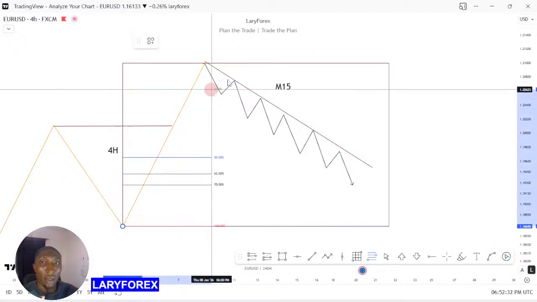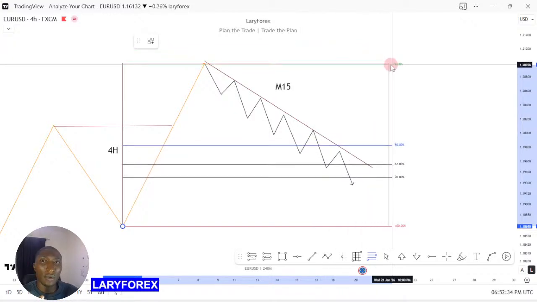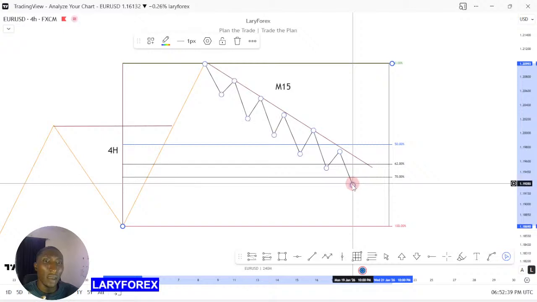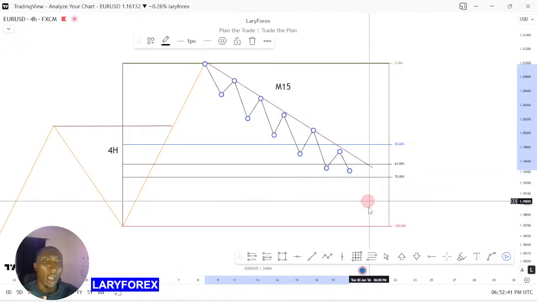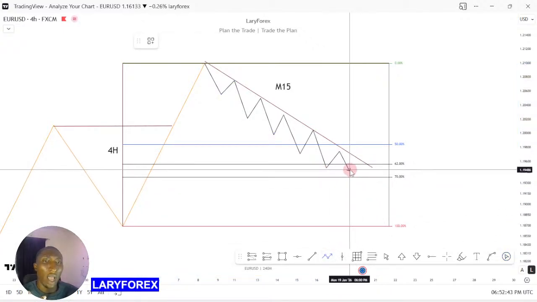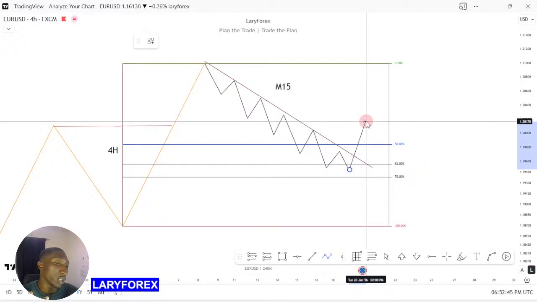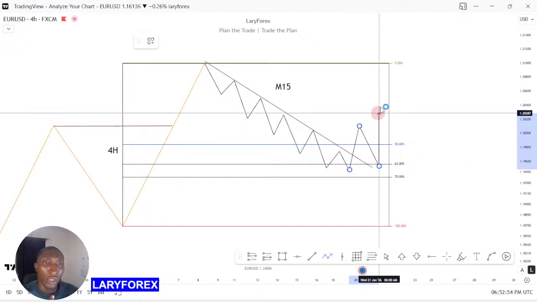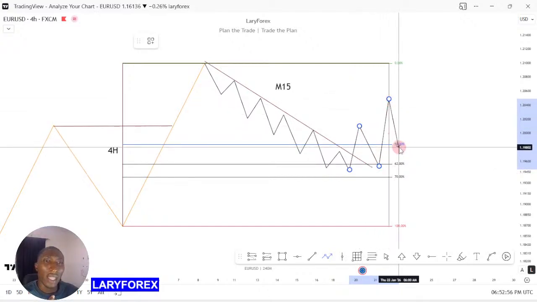Now if you observe, this is our 50% equilibrium. Price came inside the 50% equilibrium, and again, we now start the bullish continuation. Are you guys following? We start seeing a bullish trend. Now where do we enter a trade?